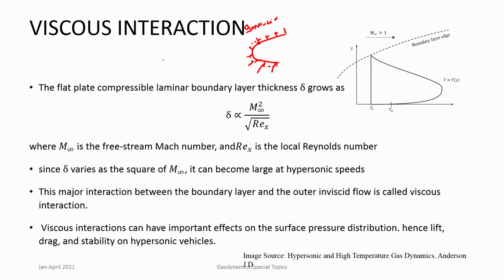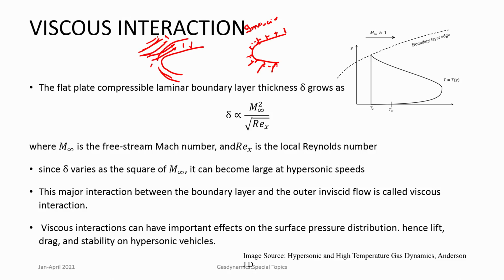But in hypersonic flow, in the same case, the boundary layers become very thick. As a consequence, the inviscid flow outside gets deflected by much larger margins than what is normally found in thin boundary layers. So, this affects the inviscid flow, and as a consequence the pressure distribution gets affected.